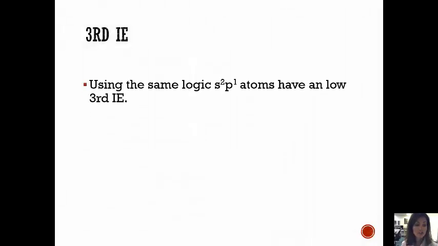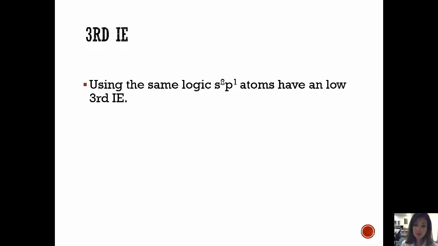Third ionization energies, same logic as for the second, except now you have S2P1 for valence. So if you remove 3 electrons off of an atom that's in that third group, that S2P1, it gives it noble gas configuration. You remove this 1 electron from the p orbital and these 2 from the s, and now you have a noble gas configuration, and that's very stable.